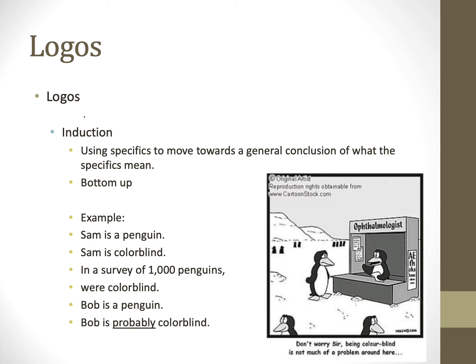It's probably going to be maybe something like 85%. Then you come across another penguin and you can make the claim that that penguin is probably colorblind because the percentage seems to suggest that the majority of penguins are colorblind. And so we're building a case from specifics to a general claim.